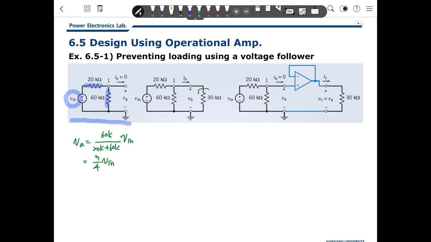Now we add the load here, 3 kilo ohms. So we expect that the voltage across the load is 3/4 V in.